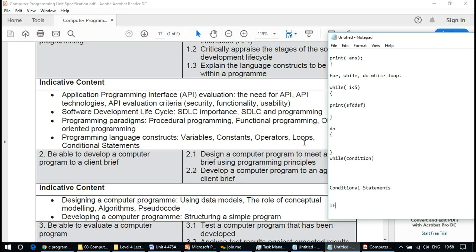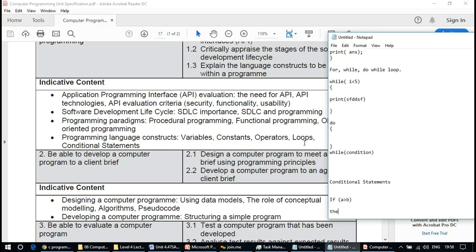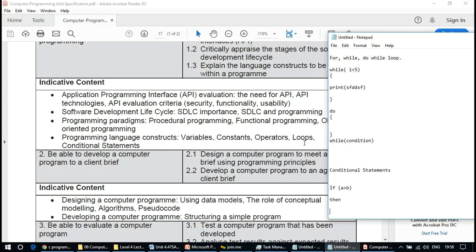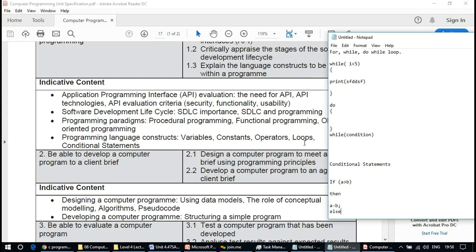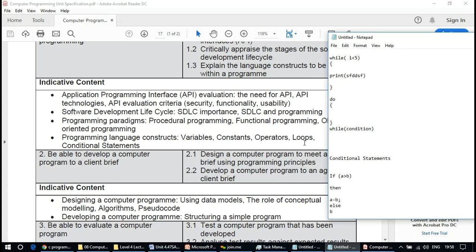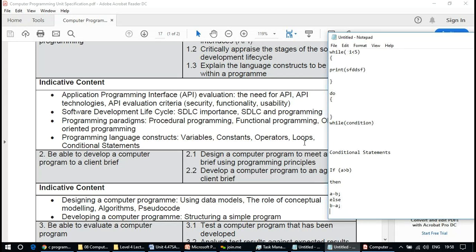For example, if A is greater than B, then A minus B, else B minus A. So the conditional statements are executed based on the condition.